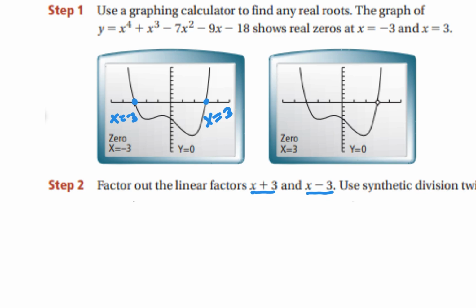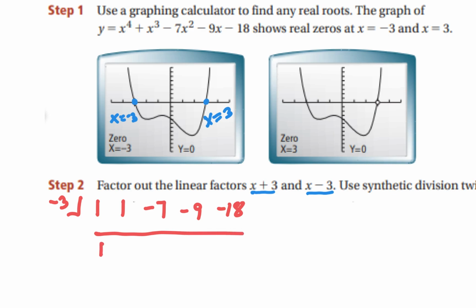So as I said before, we're going to go ahead and do the synthetic division twice. So once it's going to be -3, and we have 1, 1, -7, -9, -18.